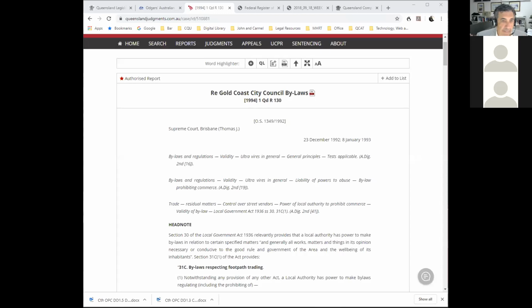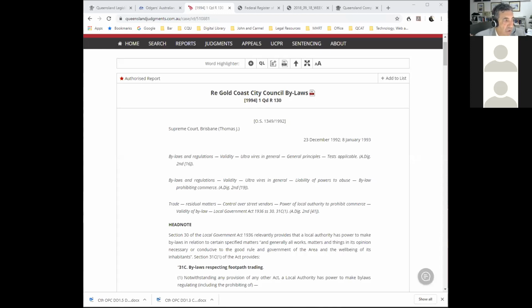So a good case that highlights this issue is Gold Coast Bylaws, and it is 1994 1 QDR 130. I'll just share that case now. And this was interesting in the sense that the Queensland Supreme Court had to consider a bylaw, which is a piece of delegated legislation, like a regulation.